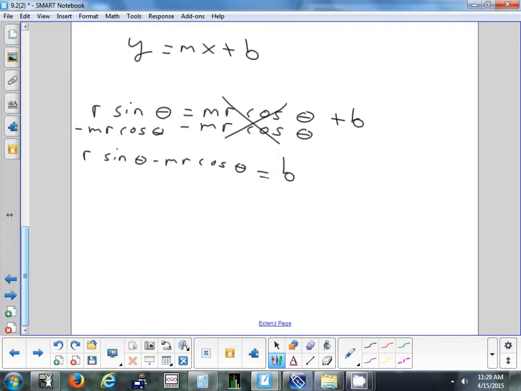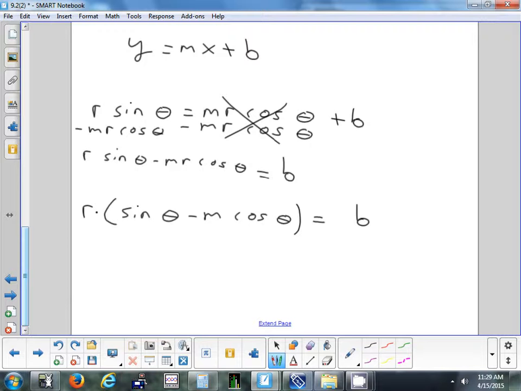Well, we can't get rid of it, but we can move it somewhere using the word I'm thinking of. We can pull it out, or there's another word for it. Factor it out, yeah. Factor an r out from each term. If you factor r out from the first term, you're left with sine theta. From the second term, you're left with m cosine theta. Equals b.